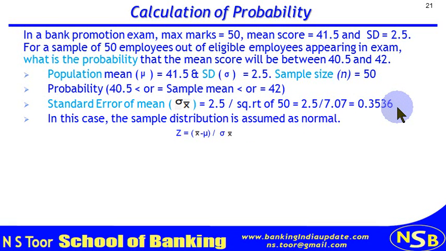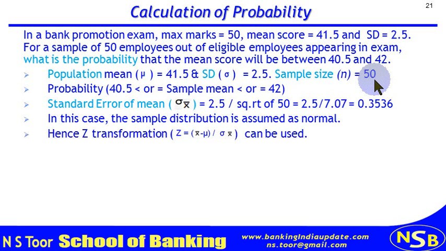Now going further, as already said, in this case the sample distribution is assumed as normal because the sample size is more than 30. Now to calculate Z transformation, we make use of the following formula.